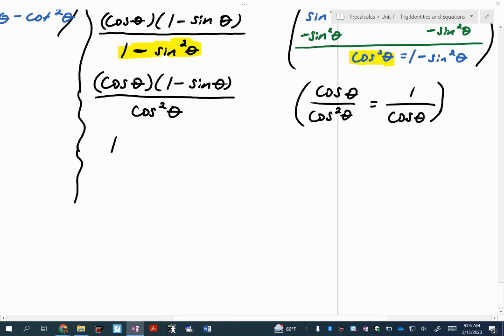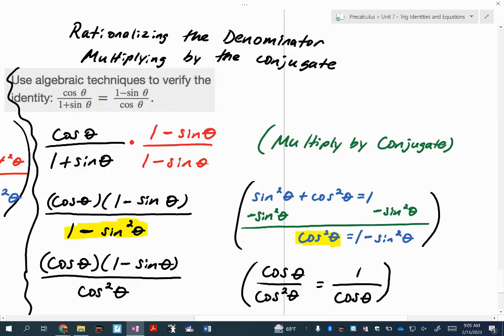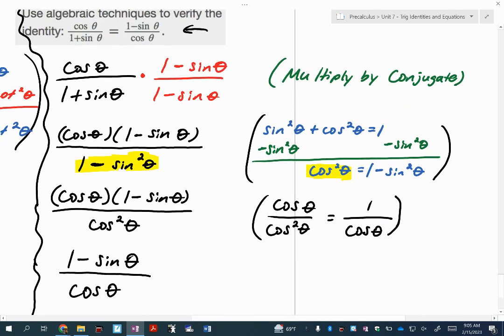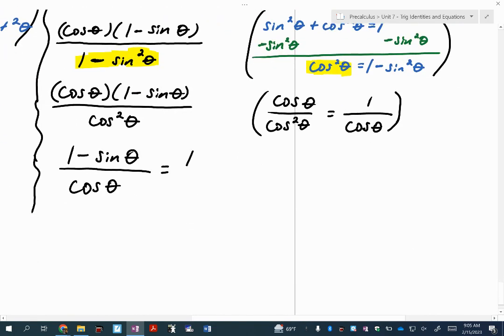So that means I'm going to have 1 minus sine theta in the top, and in the bottom I'll have cosine theta, which I know it's hard to believe, but that is actually what I wanted in the beginning. I wanted 1 minus sine theta over cosine theta. So we were able to prove this identity.